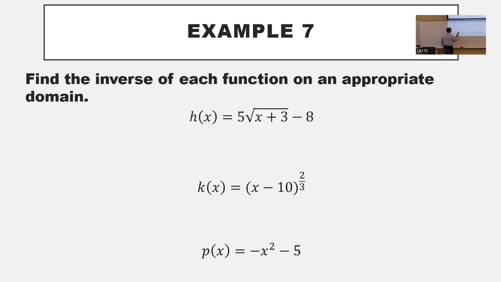So k of x is equal to the quantity x minus 10, all raised to the 2/3 power.